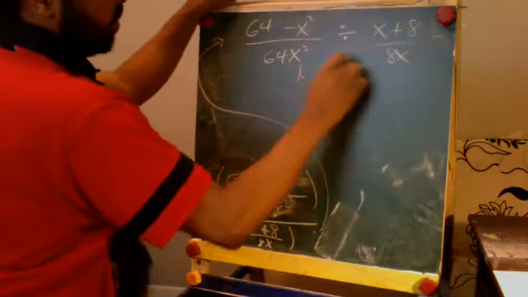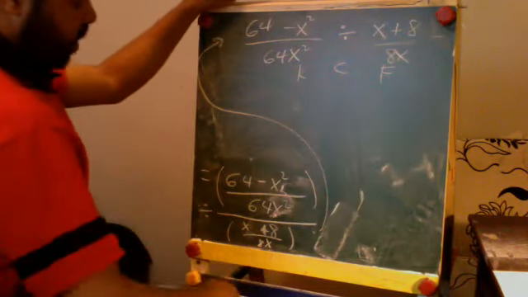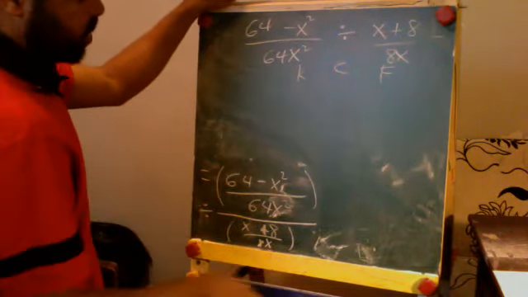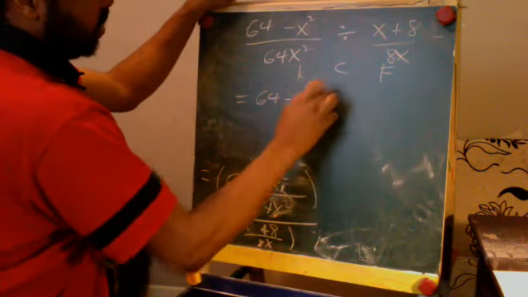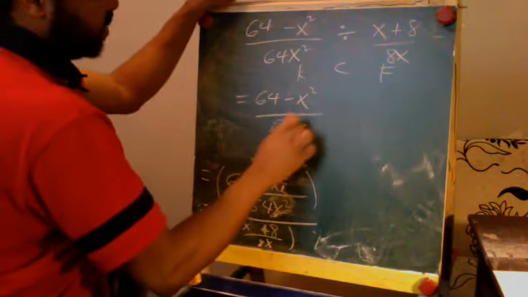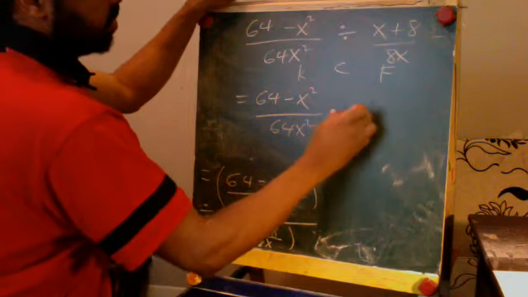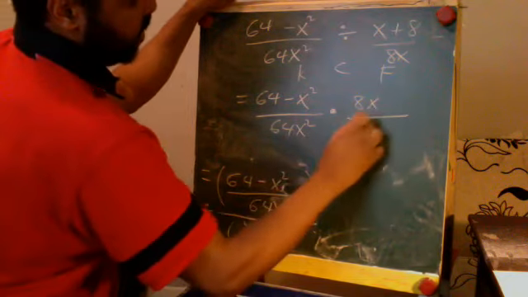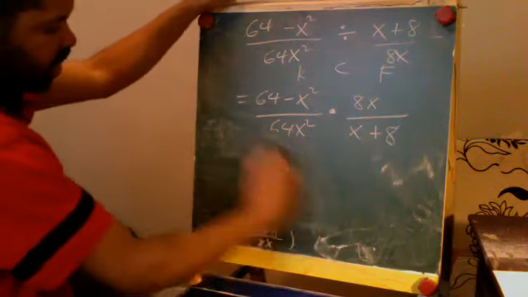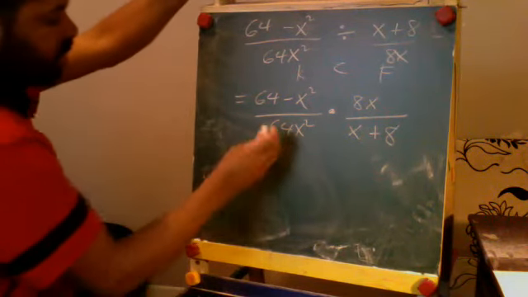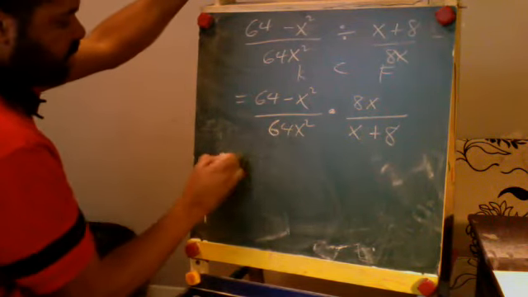Do KCF, and so you're just going to get 64 minus x squared over 64x squared times 8x over x plus 8. There's no easy way to do this problem. There's 3 different ways of looking at it, and all the ways share something in common.